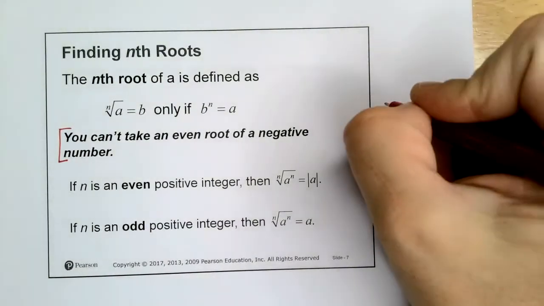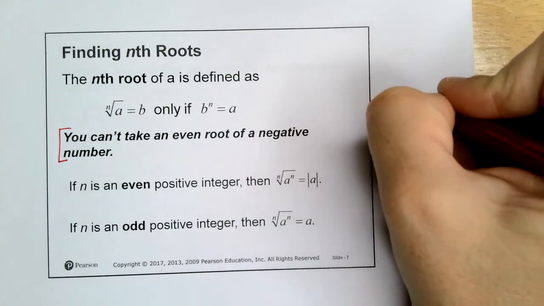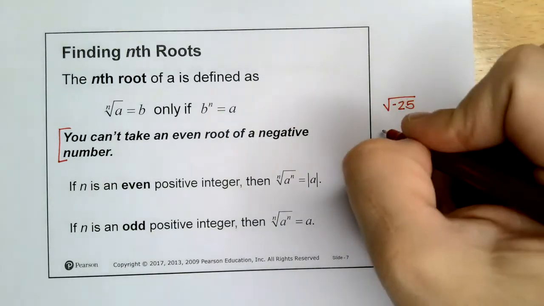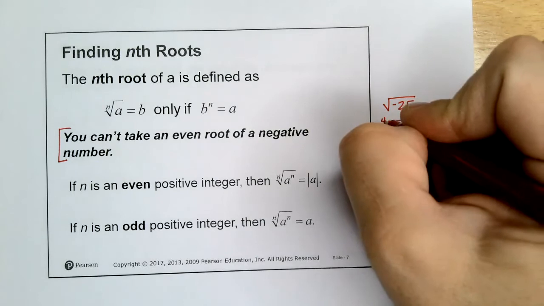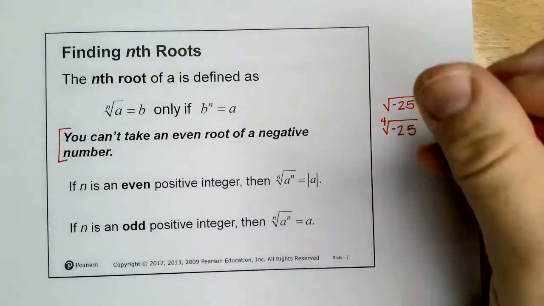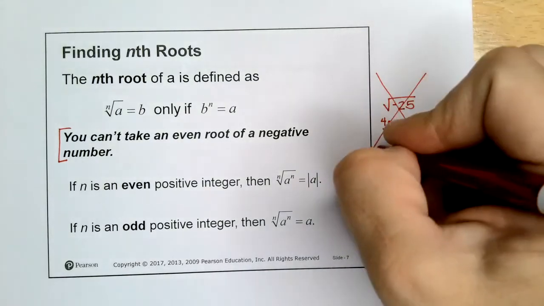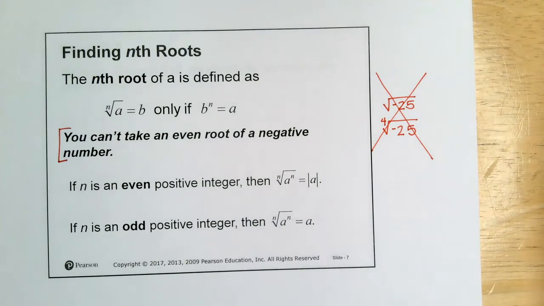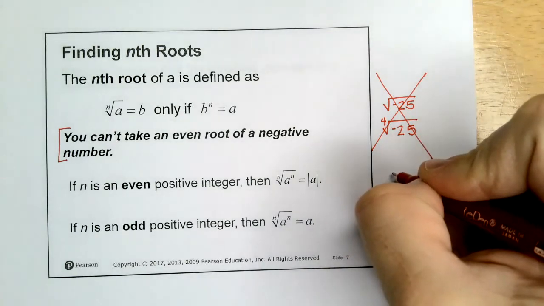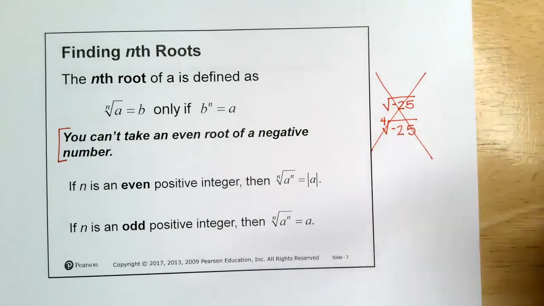So we know you can't do the square root of negative 25. You also can't do the 4th root of negative 25. You cannot do this. It's okay to take the 3rd root of negative 25, but not the 2nd or the 4th.